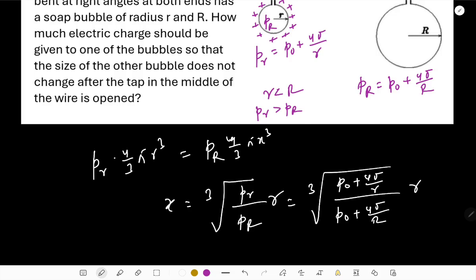And to make its radius equal to x, to increase its radius from small r to x, how much charge do we need? That means we need to determine how much charge q will cause the radius of the bubble of radius small r to change to x.